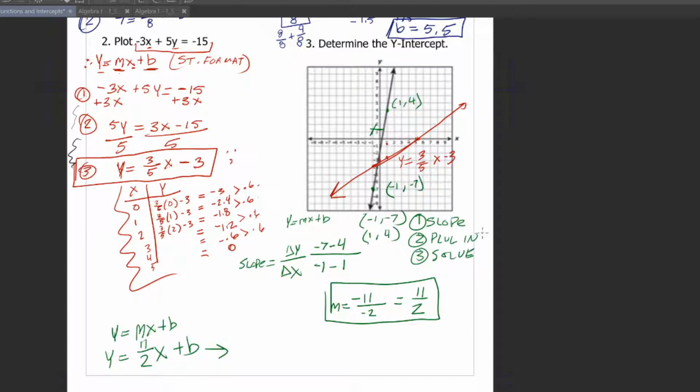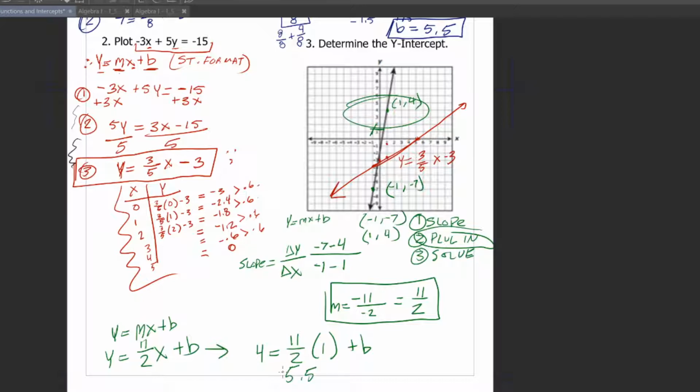Now, what do we plug in right here, right? Let's plug in one of these points. Let's plug in this one up here, 1, 4. So when y equals 4, 11 over 2 times x equals 1, plus b, right? So 11 over 2 is the same as 5.5.